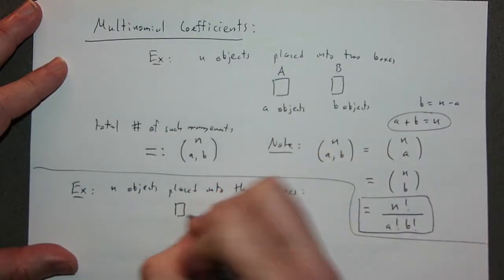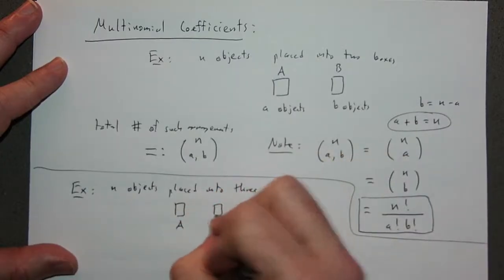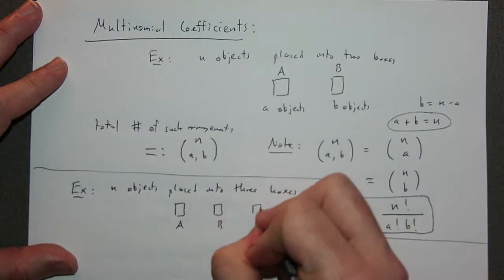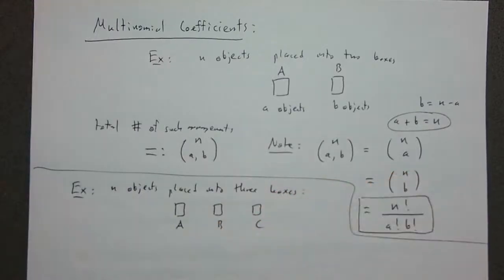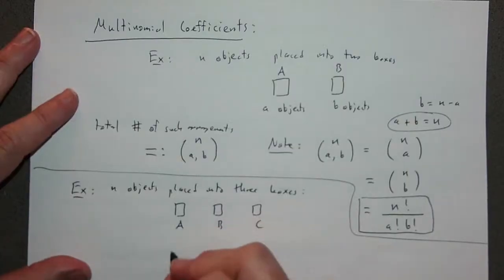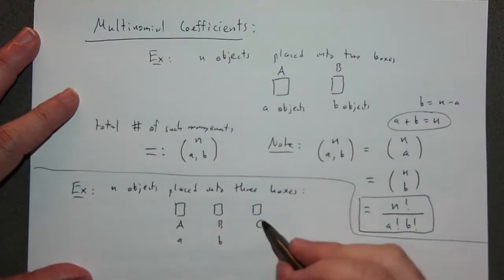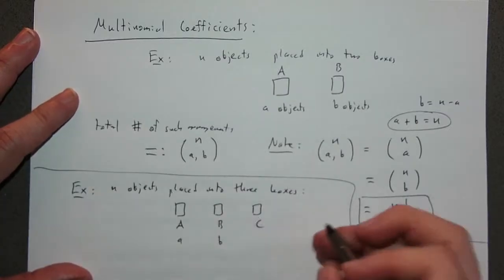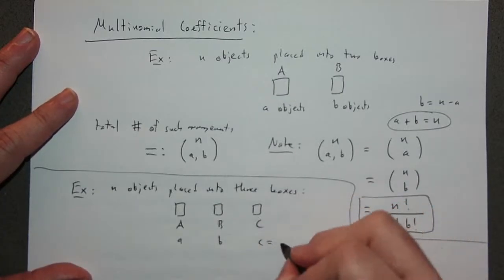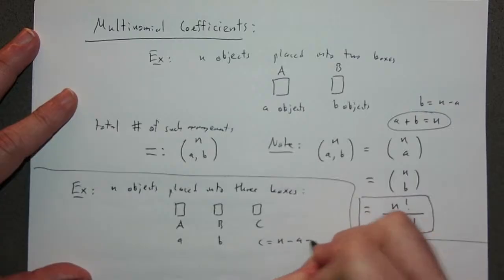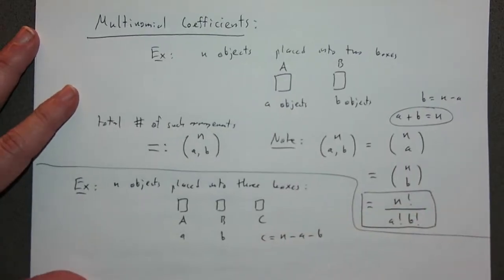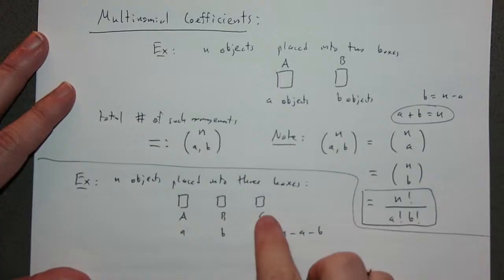Those boxes are A, B, and C. And I have put little a objects in box A, little b objects in box B, and little c, which I have written as n minus a minus b, so that now this is fixed.